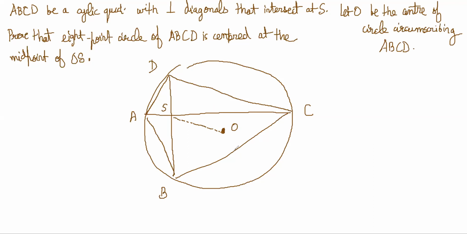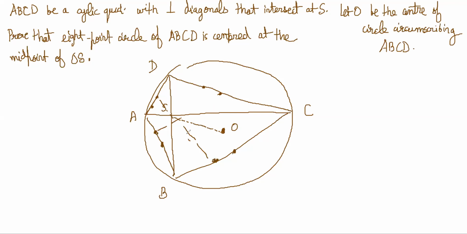You take the midpoints of the sides, and from each midpoint you drop a perpendicular to the opposite side. From this midpoint the perpendicular lands at a point here, and the same for the others. These 8 points lie on a circle, right? That is what we did earlier.